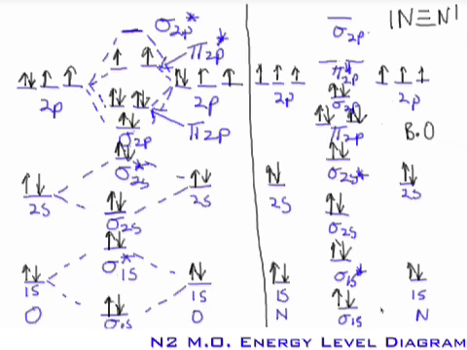Well, if I add up the filled bonding, I get sigma 1s, sigma 2s, pi 2p, sigma 2p, that's 5. Minus the only filled antibonding of the sigma 1s star and sigma 2s star, that's 5 minus 2, it equals 3. It's a triple bond. So the bond order agrees. In this case, the molecule's diamagnetic, and that agrees with the Lewis structure as well.